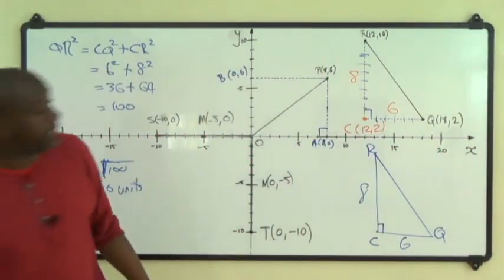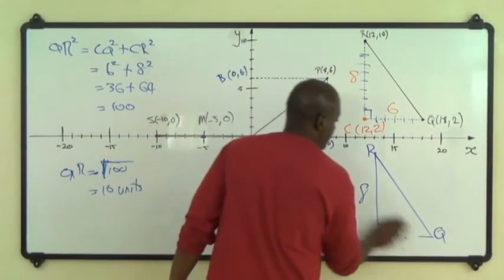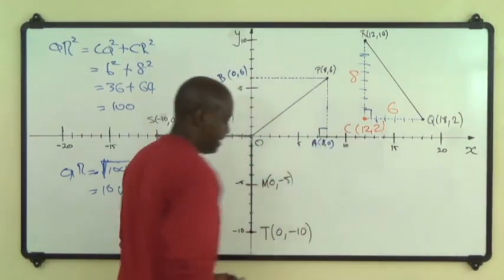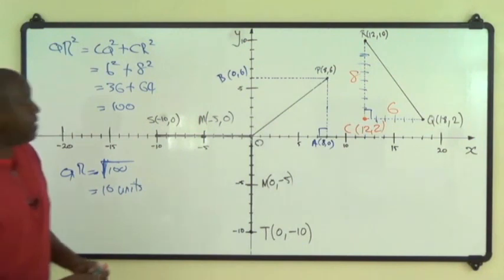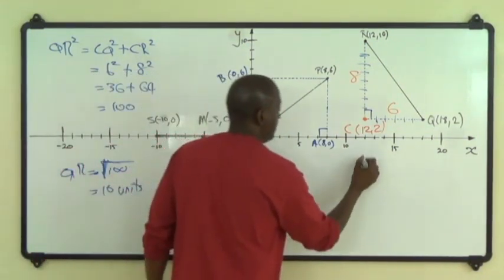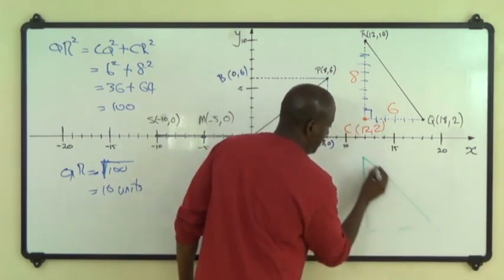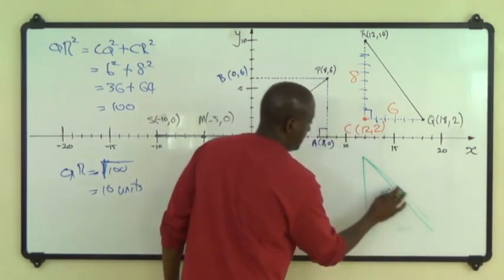So in other words, what we have in fact done is the same right angle triangle, but with a slight difference.